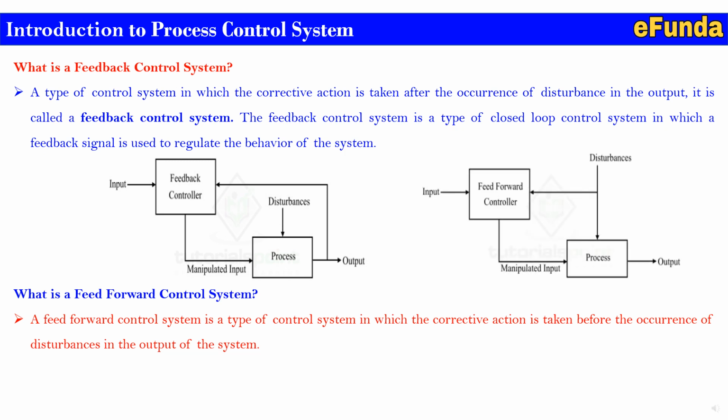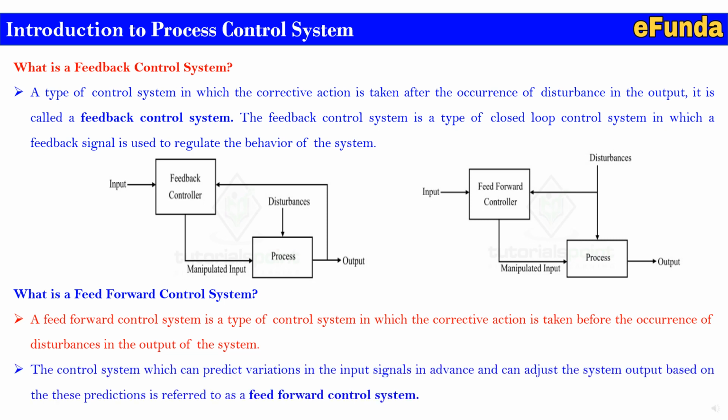One can refer to another block diagram where input is given to the feed forward controller, and similarly the manipulated input to the process is given and the disturbances are applied and the regulated or desired output is produced. Similarly, in the meantime, when the disturbances occur, the action is taken before the output is generated.